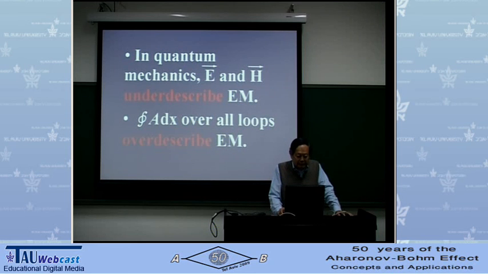And that is that in quantum mechanics, E and H under-describe electromagnetism. Only knowing E and H is not enough. Even when E and H are both 0, there is still possible electromagnetic effect. On the other hand, if you take the loop integral of the vector potential over all loops, that over-describes electromagnetism.